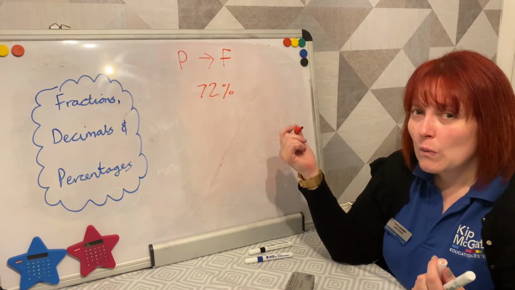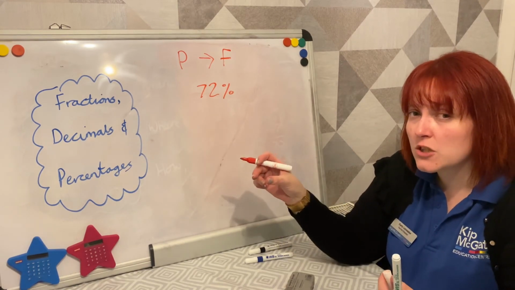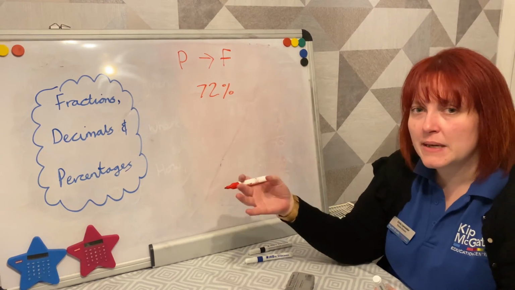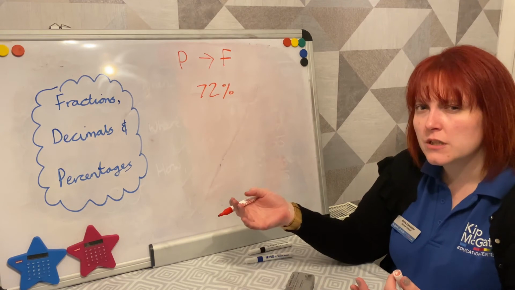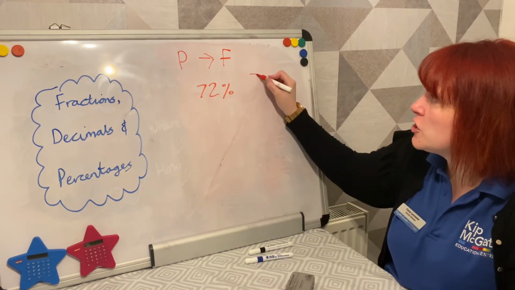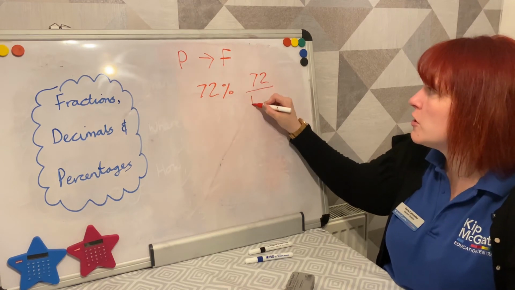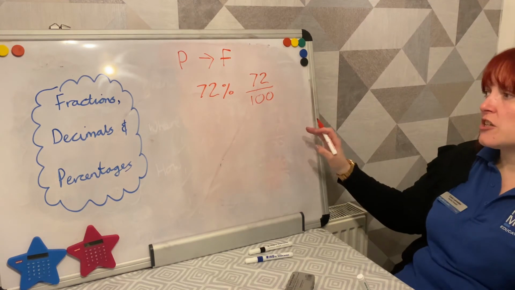So remind them, it's out of 100. Percent, cent means 100. Century, centipede, all of those come from the root word cent, which means 100. Okay, so 72%. 72 out of 100. That's how you would write it from a percentage to a fraction.